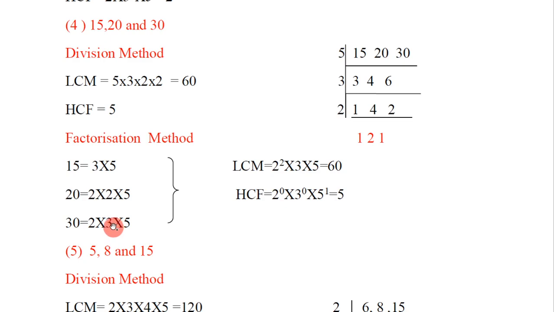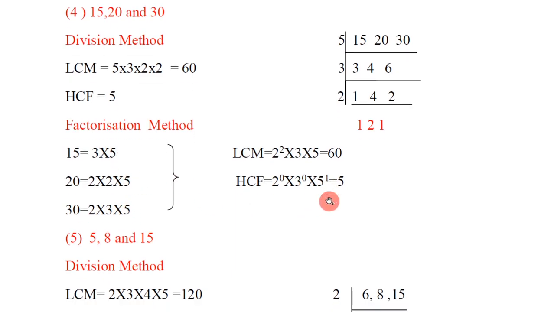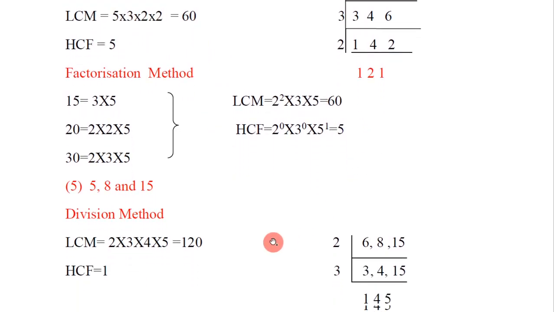And highest common factor HCF is least powers. 2 power, nothing is here, 2 power 0. Then 3 is not there, 3 power 0 is the least. And 5 power 1 is present in all the numbers, so 5 power 1. Therefore, HCF is 5. So we can see that from both the methods we got the same answers.